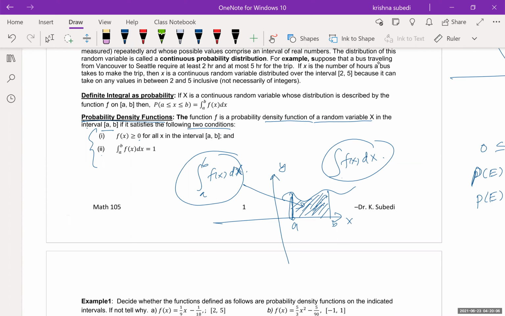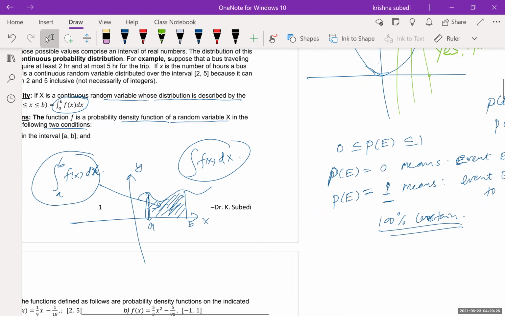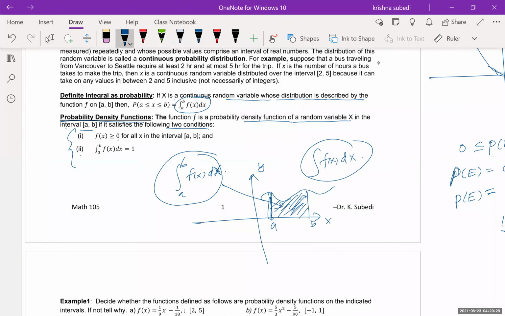Now, in this section, we define the definite integral as probability. If x is a continuous random variable whose distribution is described by the function f on [a, b], then suppose I have a function f of x, and if I calculate this, it gives me the area. So basically the area can be defined as a probability.